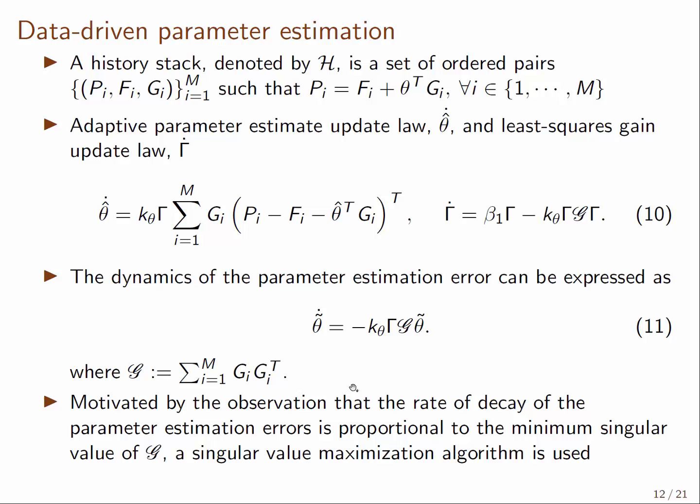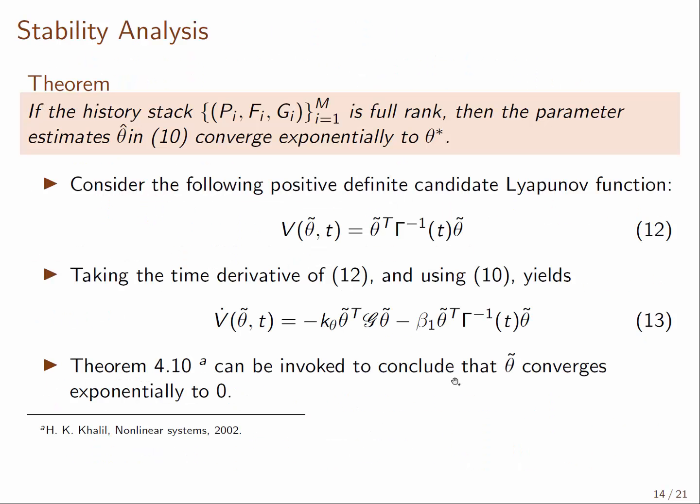So we use a singular value maximization algorithm for data storage. Now it can be shown using Lyapunov methods that as long as the history stack is full rank, which just means that the script G matrix has a minimum singular value that is uniformly positive, then we can show that the parameter estimation error theta tilde decays exponentially to 0.